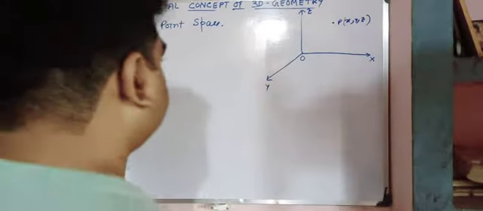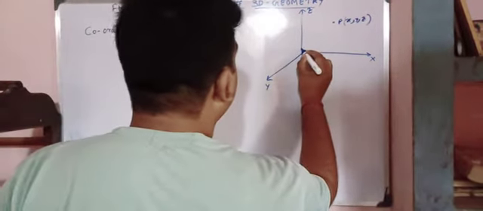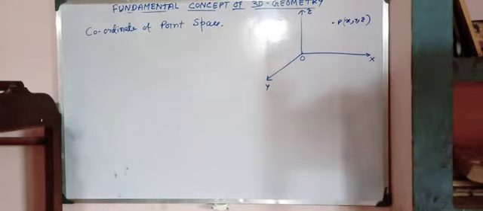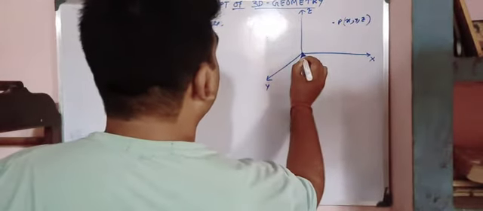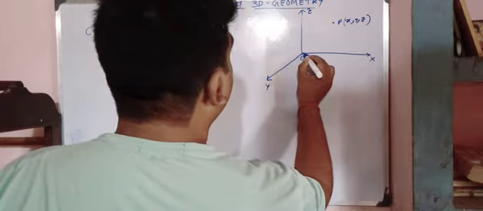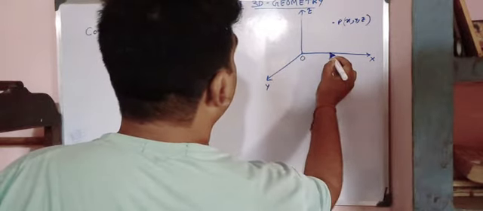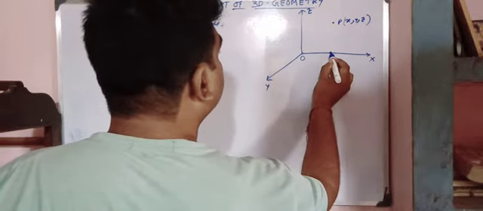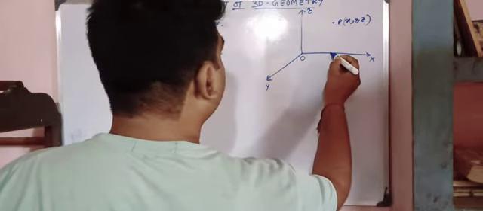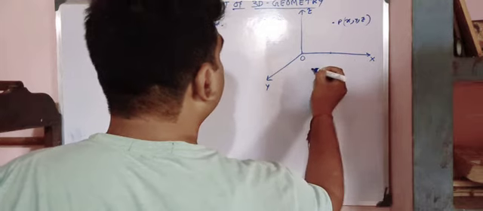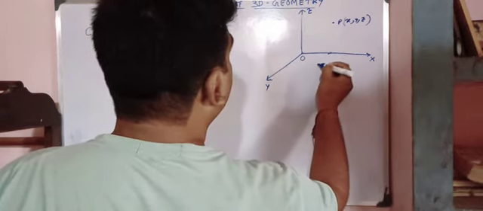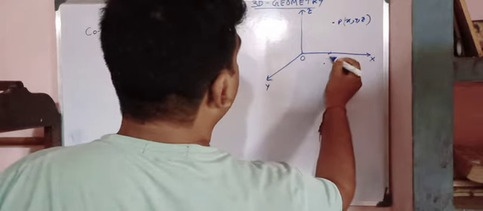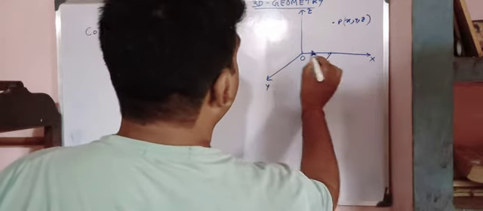So to represent how this point x, y, z comes, we have to move from origin to here along the x axis. So this is my x. Next, from x we go parallel to the y axis.